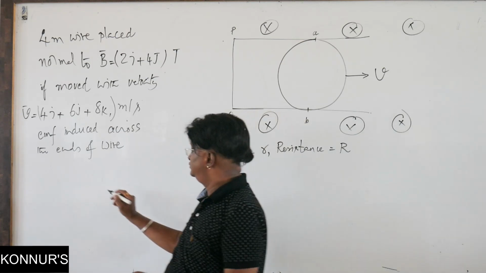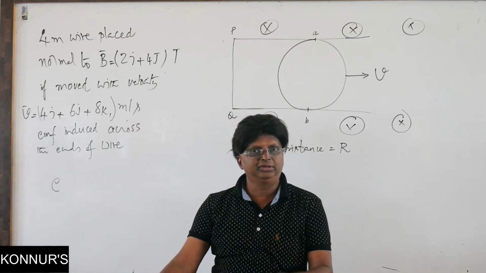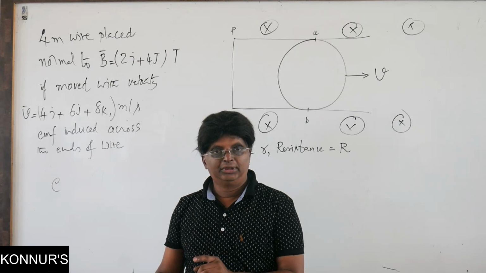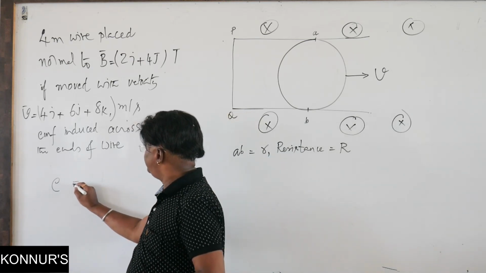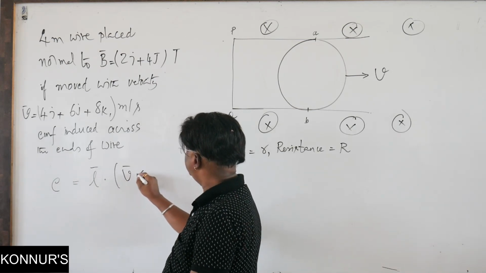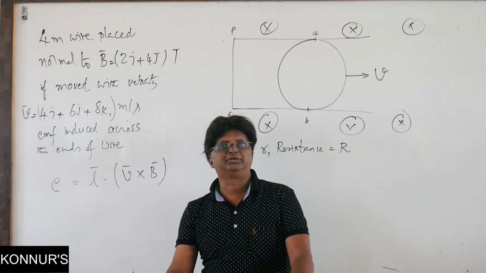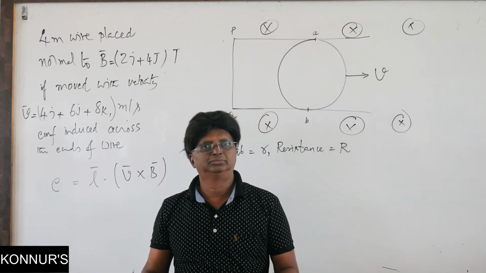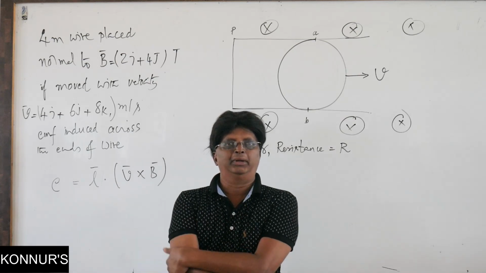Remember our definition. For motion EMF, we have not said directly E = BLV sin theta. No. You remember the fundamental that we have taught? Induced EMF is equal to L bar dot V bar cross B bar, that is the definition. So making use of this definition, the dot product rule and cross product rule. But in the very beginning, please look at the vectors that are given.